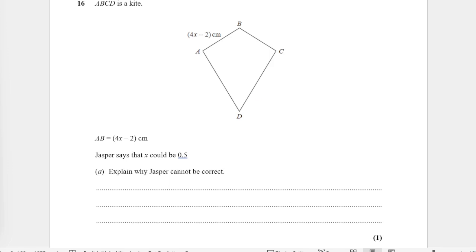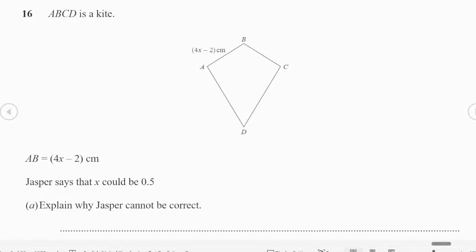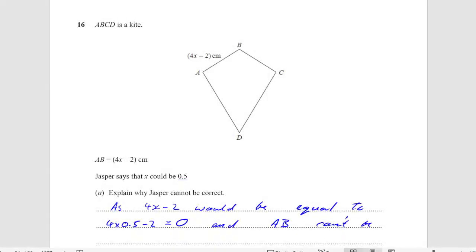Because if x is 0.5, 4x minus 2 would be equal to 4 times by 0.5 minus 2, which is equal to 0. And AB can't be 0.